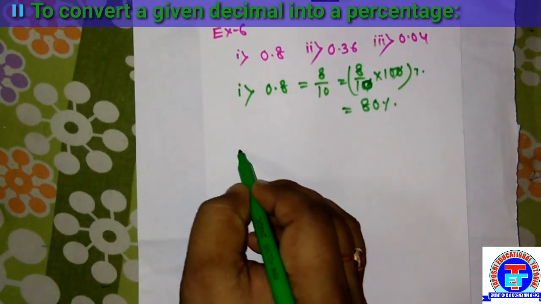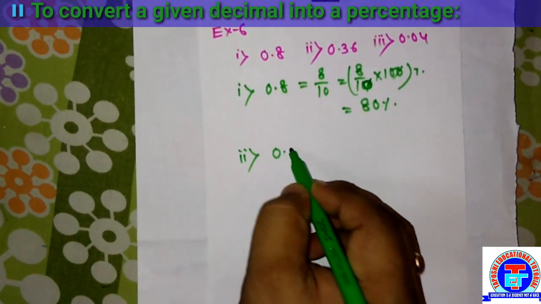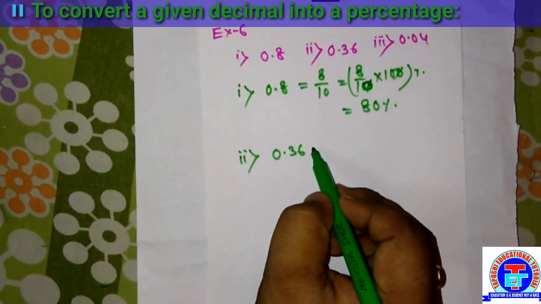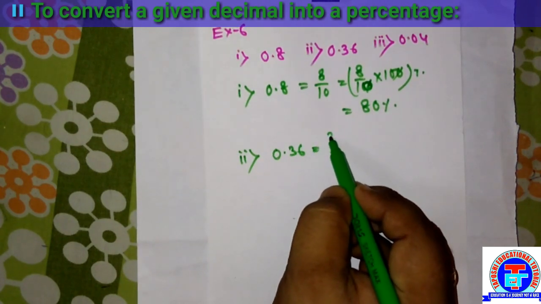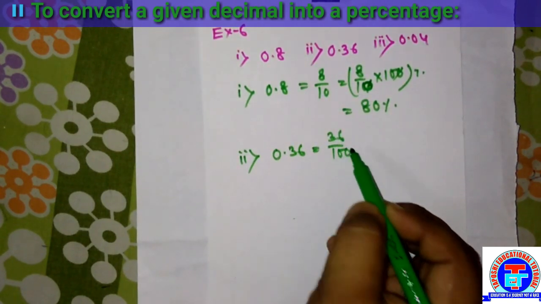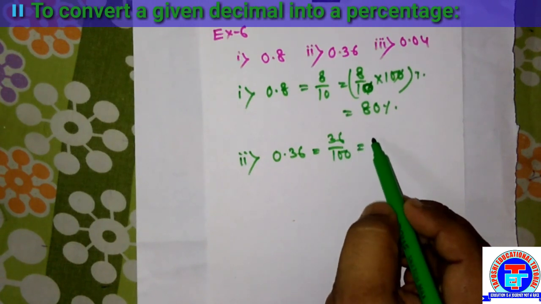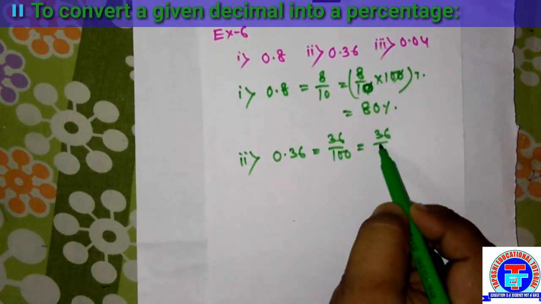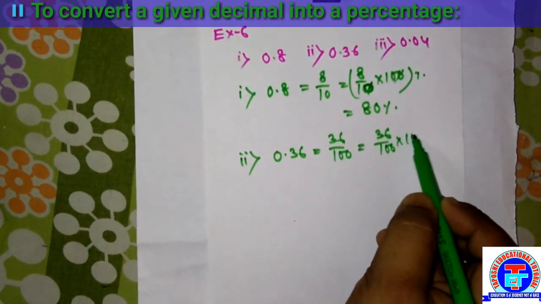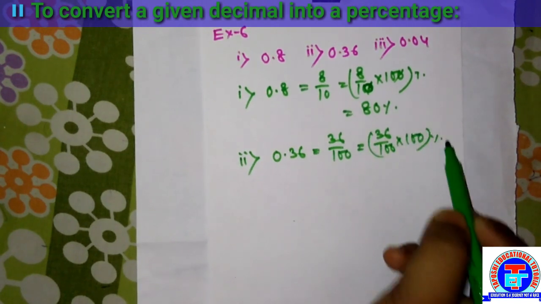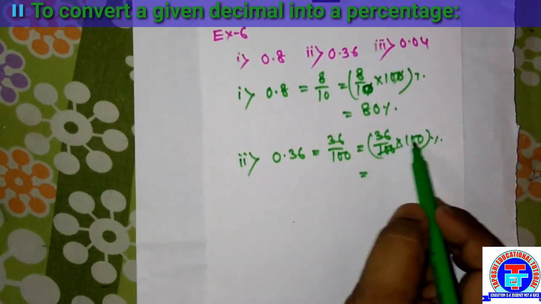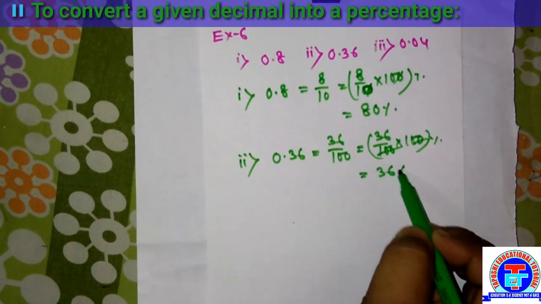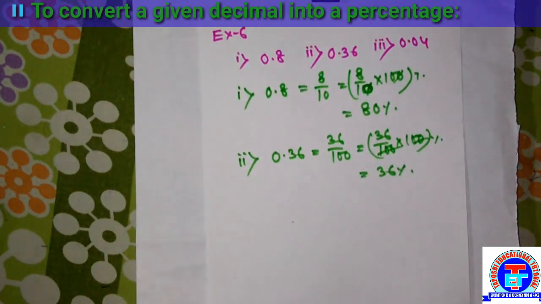Number 2, we have 0.36 is equal to 36/100. That we write 36/100 into 100 percentage. That means it will become 36 percentage, right?